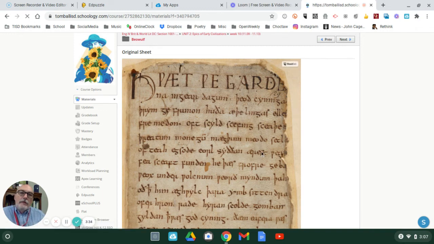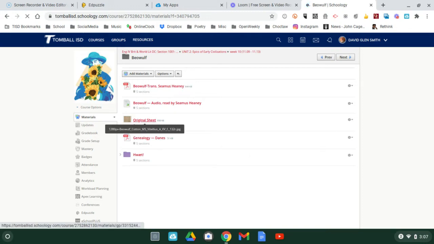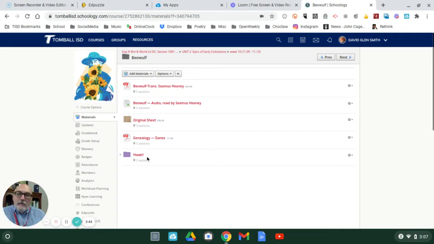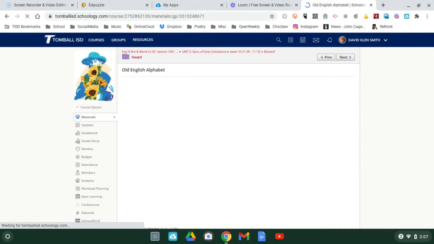Going back to the folder. So that's one sheet of the original poem. The other thing of importance that I wanted to show you, since I mentioned the letters, here is the opening of their letter, of their alphabet.